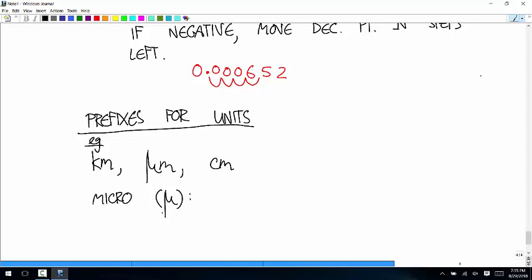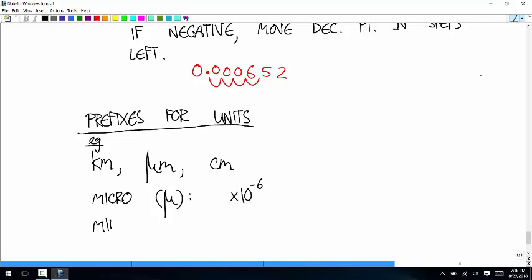And the meaning, whenever you see this, you can just replace that mu symbol with times 10 to the negative 6. So that's the meaning of it. And so if you see 50 microns or 50 micrometers, you can think of that as 50 times 10 to the minus 6 meters. Okay.